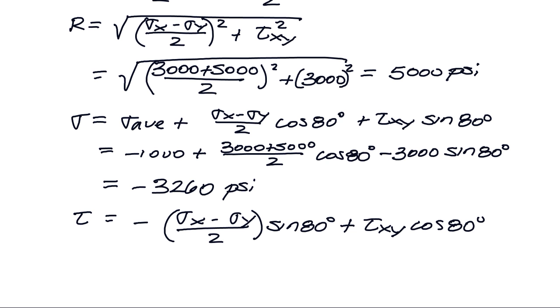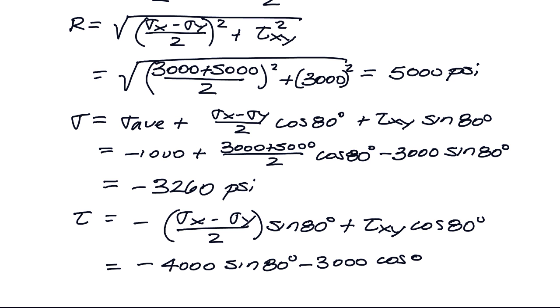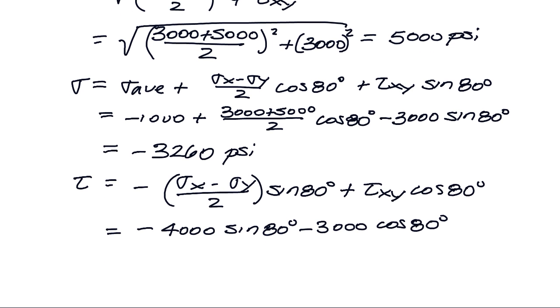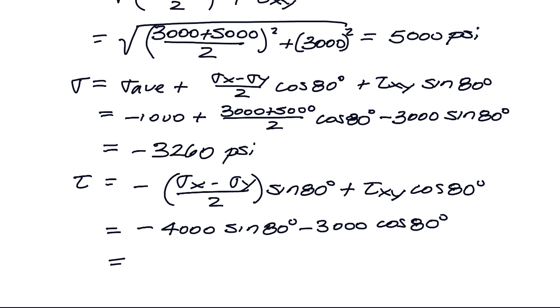In putting my numbers in, this becomes minus 4,000 sine of 80, minus 3,000 cosine of 80. So that number is minus 4460 psi.